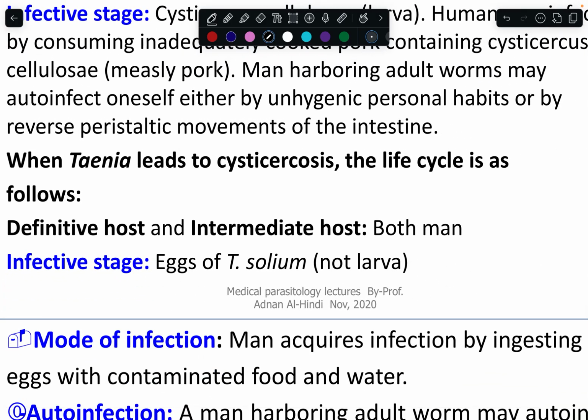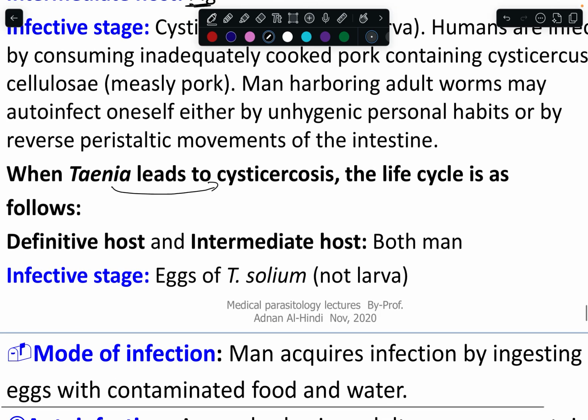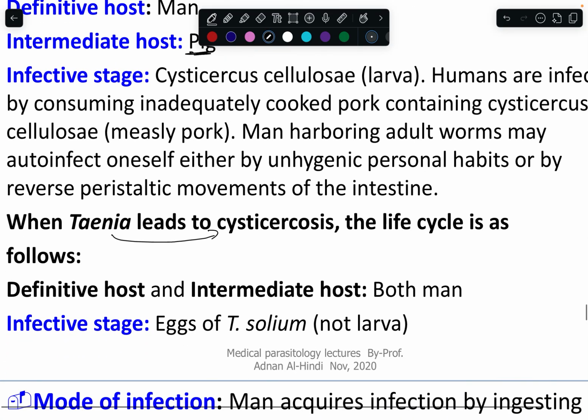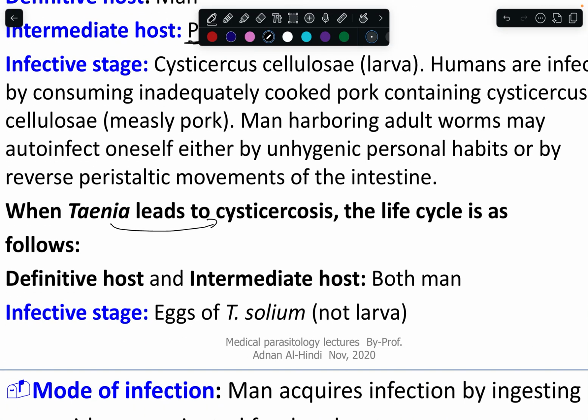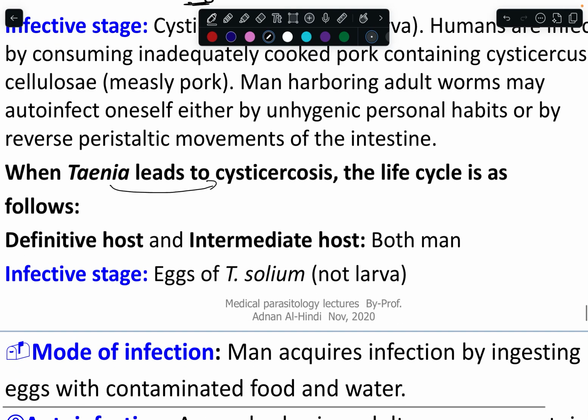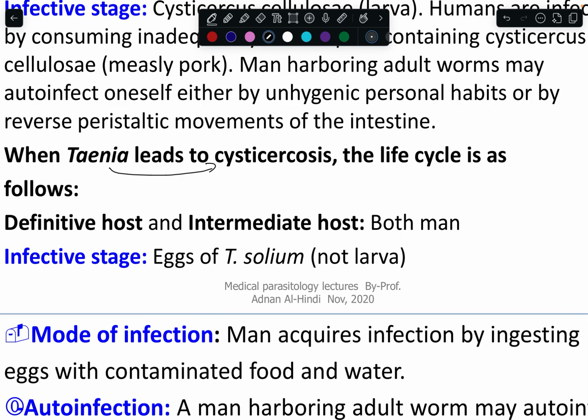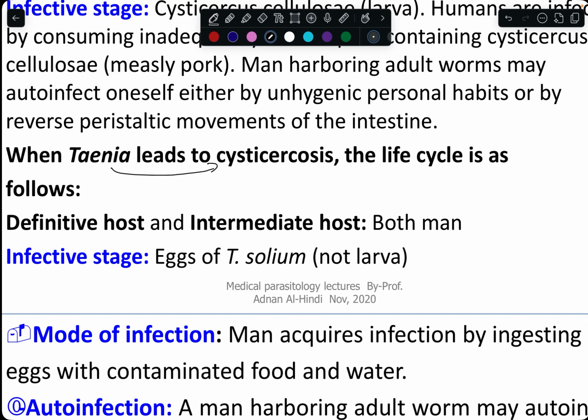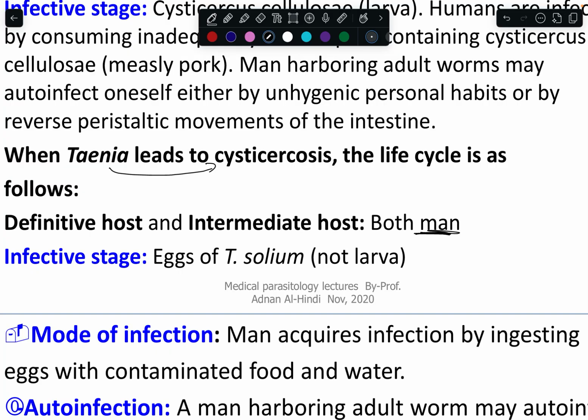When taenia leads to cysticercosis, the life cycle is as follows. So when taenia, I'm assuming Taenia solium, leads to cysticercosis, the life cycle is as follows. Both definitive and intermediate host is humans.